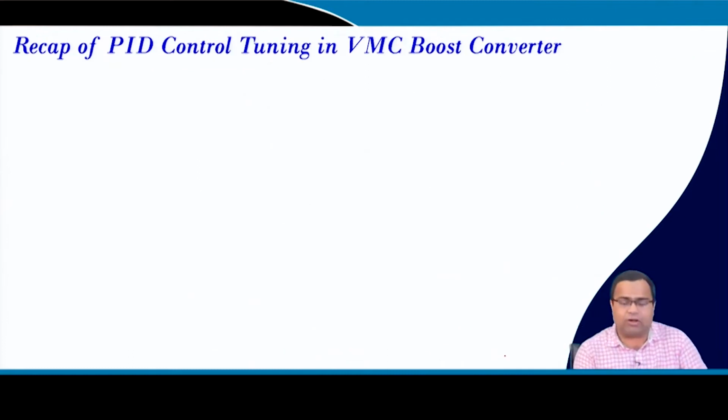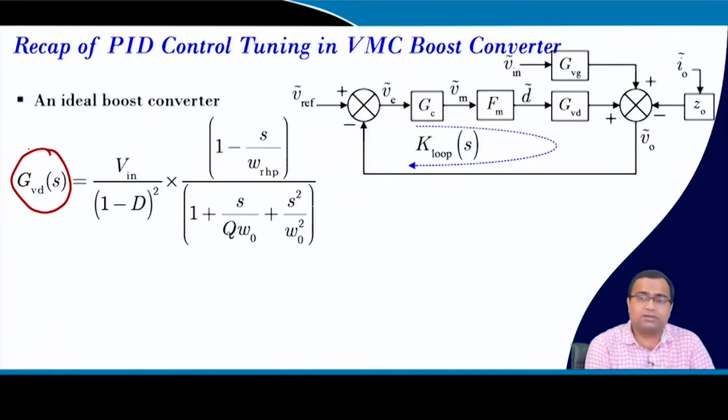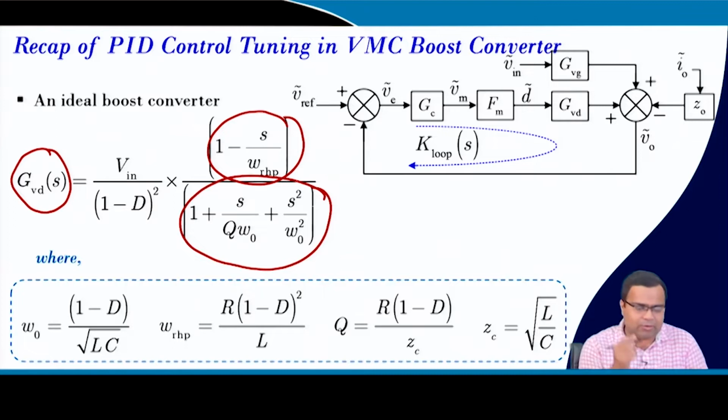For example, if we recall our boost converter under voltage mode control, we used a PID controller where the control to output transfer function of the boost converter consists of one right half plane zero and of course two stable complex conjugate poles in general, and we have already discussed what omega 0 is, the natural frequency, then the RHP zero frequency, then the Q factor, which is also a function of characteristic impedance.